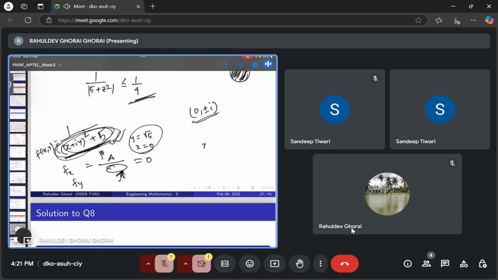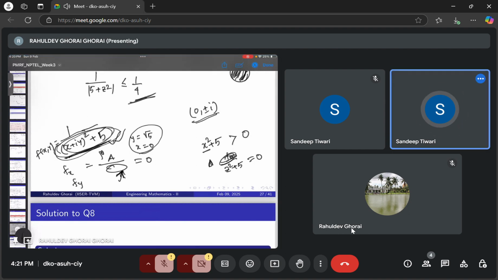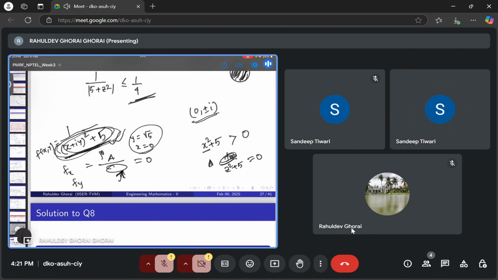When you have x square plus 5 where x is a real number, then it will always be strictly greater than 0, and then you can write that. But when you have 1 over z square plus 5, this z square plus 5 can be equal to 0 also. That is the difference here.